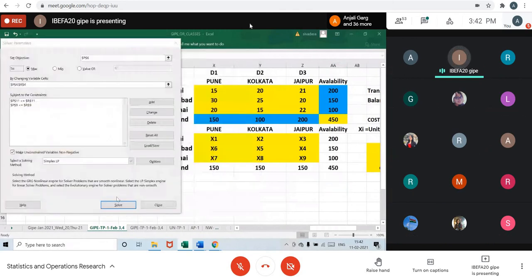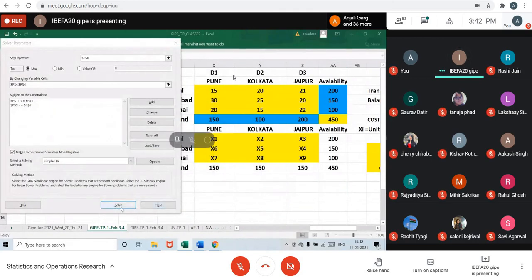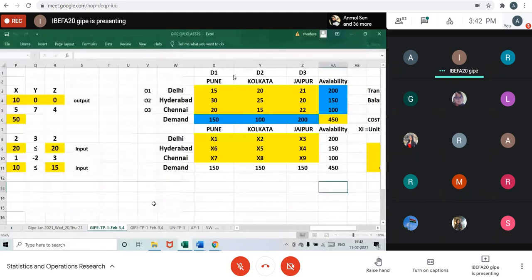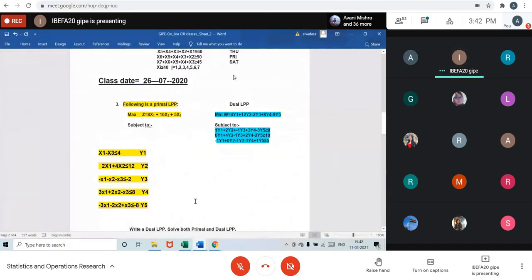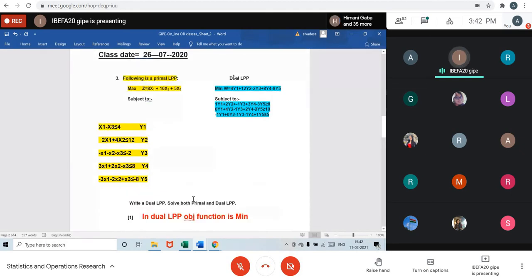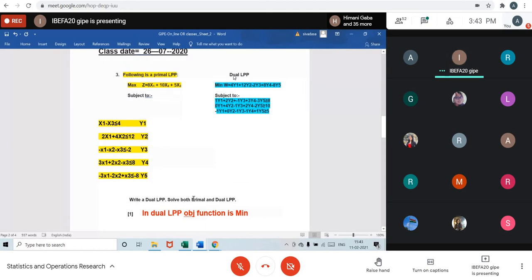When we come there, we will do. So what I simply say: given an LPP, I can definitely write the dual LPP, and once I write a dual LPP, both I can solve. I am going to do this example in the next class. Now, let us look at how this will help in a real problem.